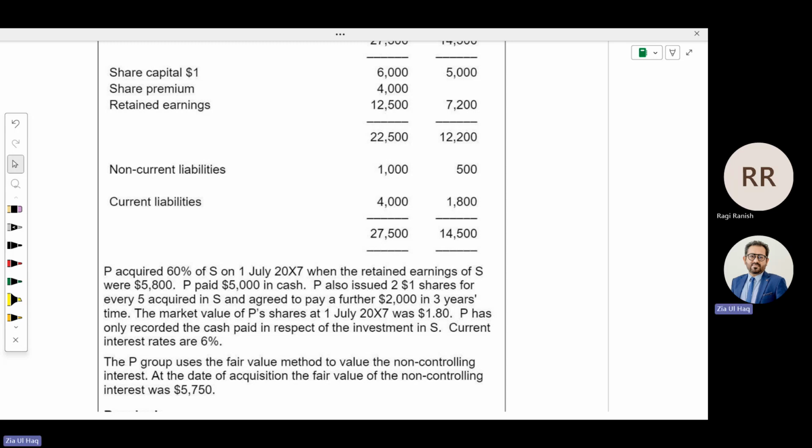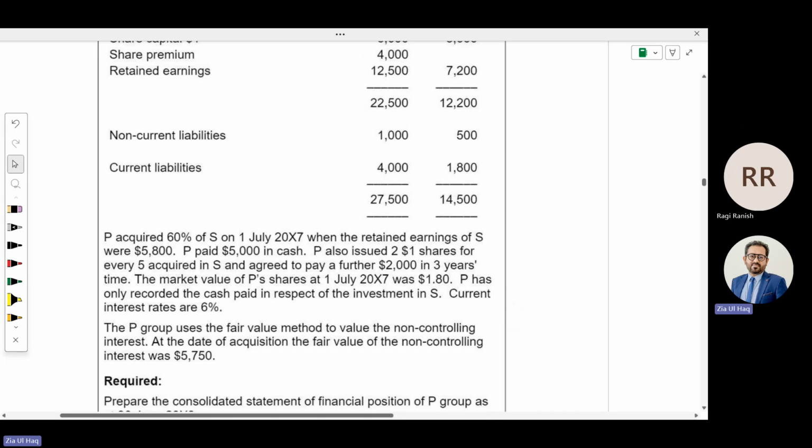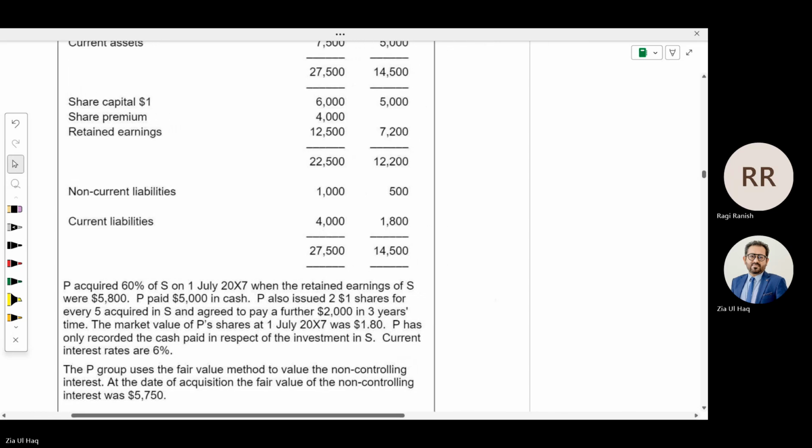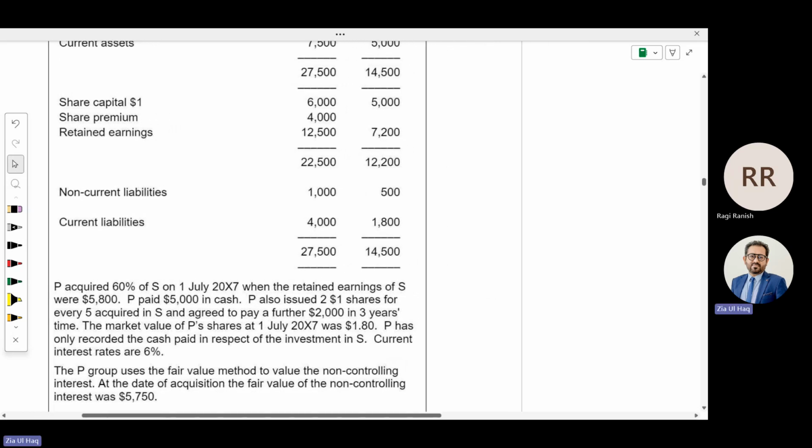Goodwill is becoming negative. No, how did it become negative? First, you need to calculate consideration paid.